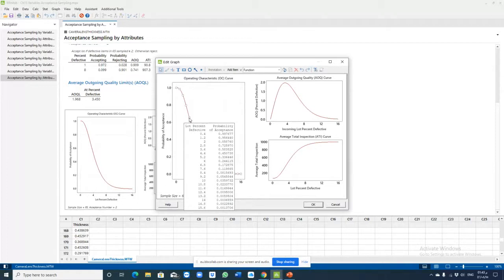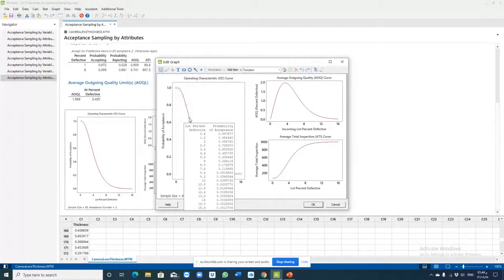I have to do interpolation because the value is not given here, but I have values before and after. The lot percent defective that is set or accepted by the consumer, which is the AQL, is 1, and the 1 falls between 0.4 and 1.2.